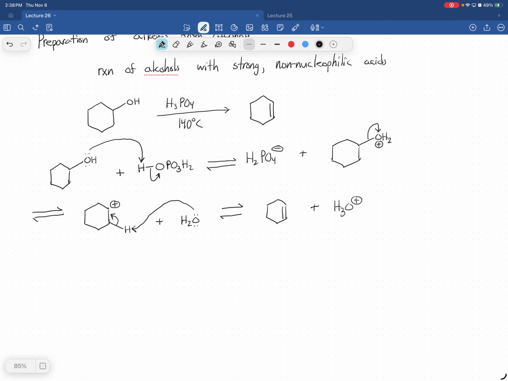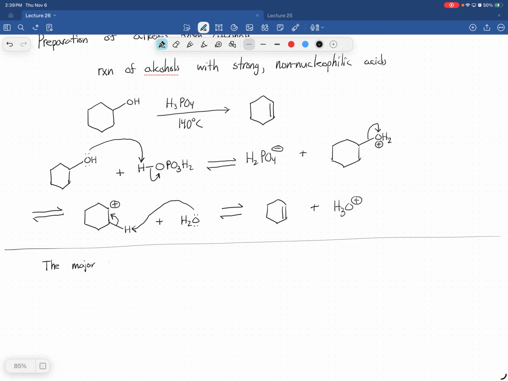What if we have an asymmetrically substituted alcohol, so both sides of the alcohol do not have the same substitution pattern? You might have what we call rearrangement. This is where rearrangement happens, during the E1 mechanism.